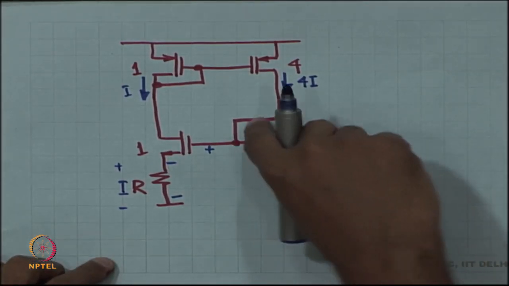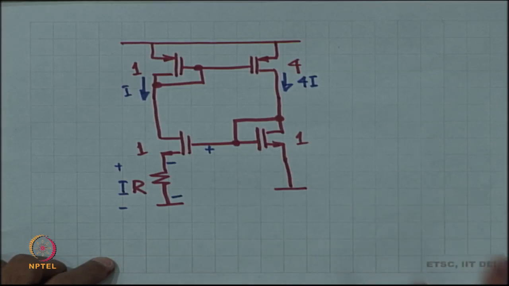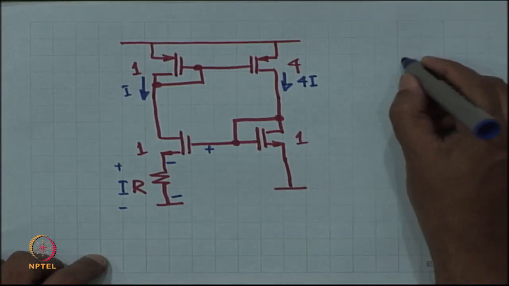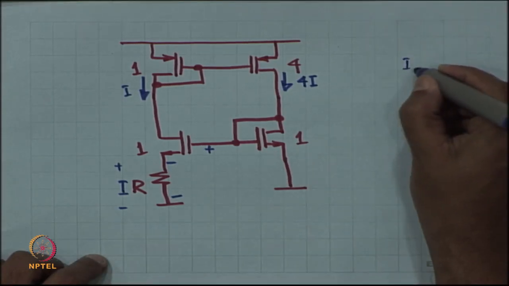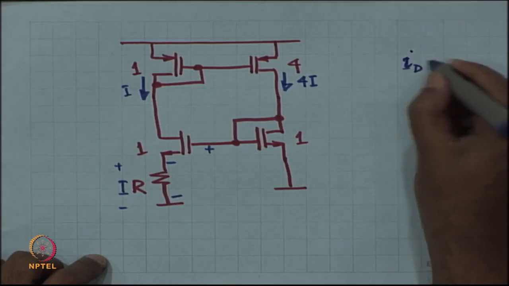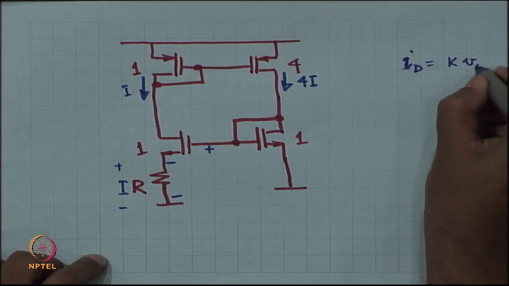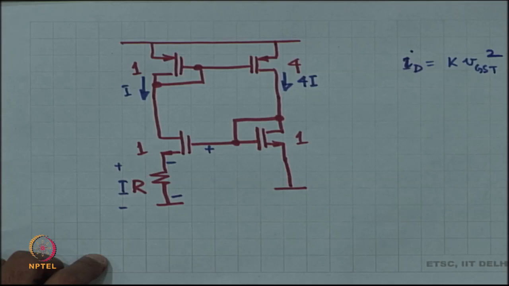So, the requisite VGST for 4I is going to be 2 times the VGST of I, right, because square law K times VGST squared is I. Okay.